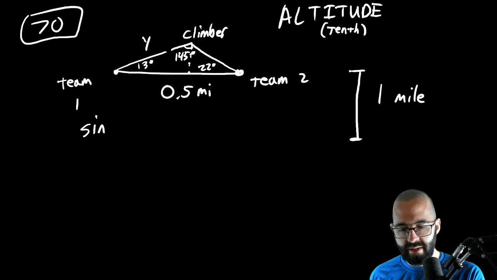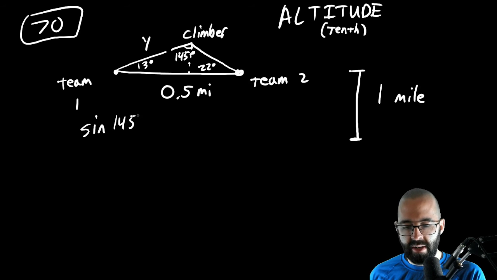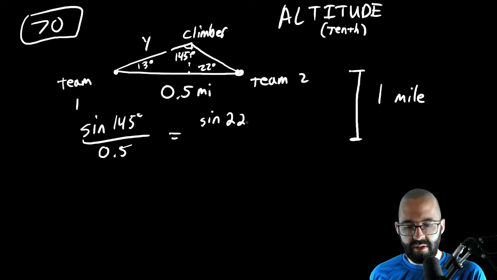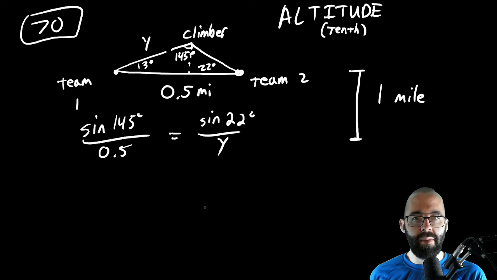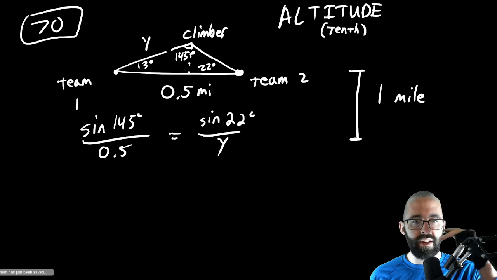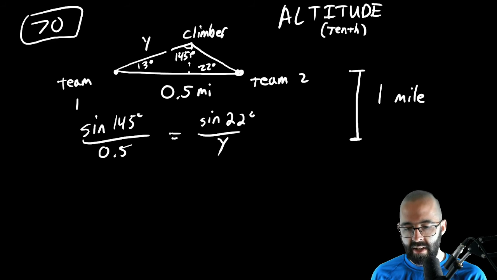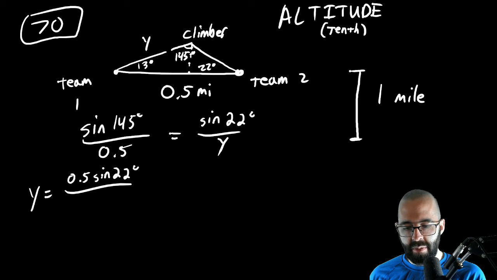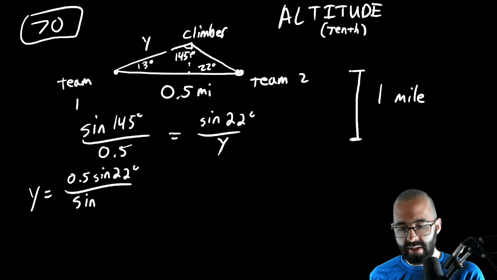The sine of 145 degrees is to 0.5 miles, the same as the sine of 22 degrees is to y miles. What's the visual distance from team 1 to the climber? And you can solve this, and you're going to get that y is equal to half of the sine of 22 degrees divided by the sine of 145 degrees.